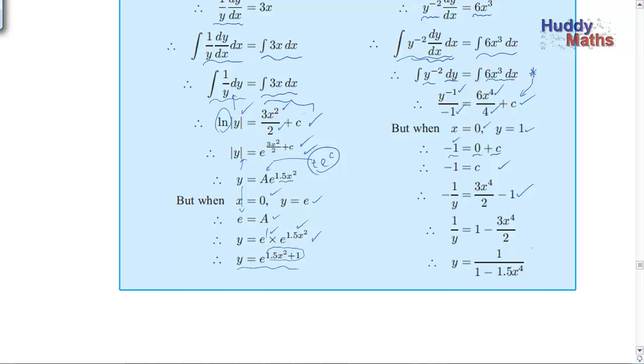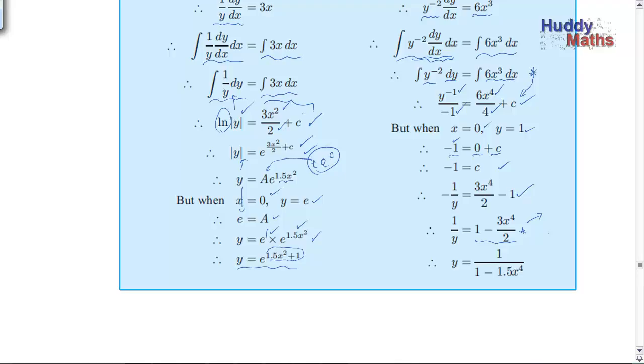You might now like to combine these together a little bit because we want to make this a little bit neater. So here, getting this expression over one denominator, we've got 1 take 3x to the 4th.